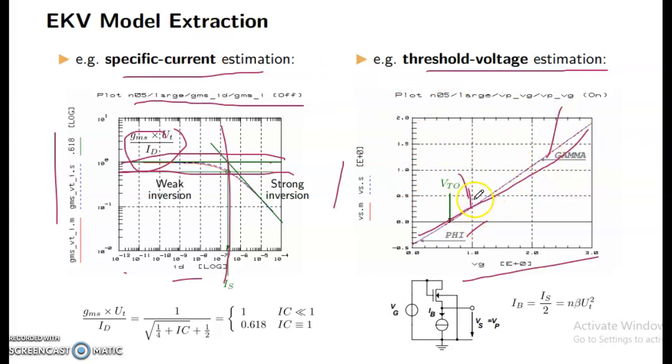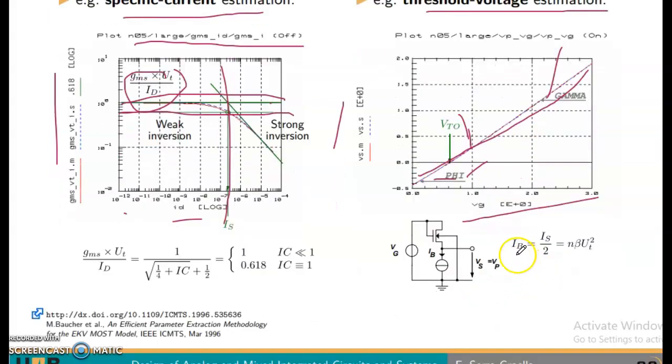This is gamma, this is VTO. PI, PHI. VG equals theta. Here VG gate. Here base, VS minus VP. Okay, IB equals IS divided by 2, the half percent. Then N theta UT square.